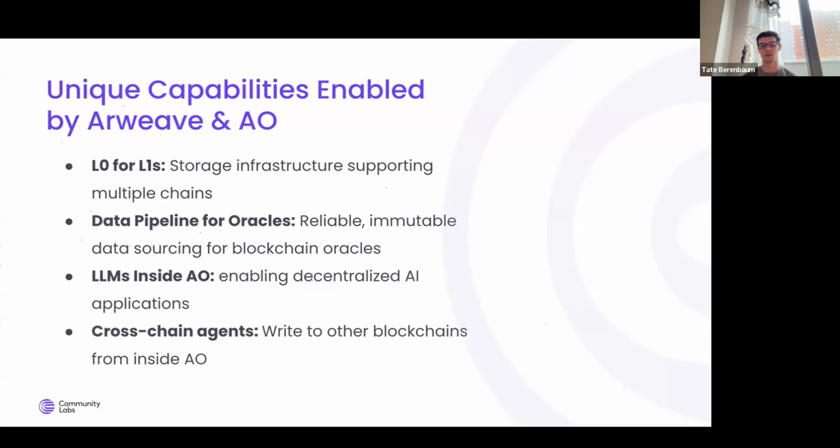And in practice, this can enable cross-chain agents that are intelligent and don't require liquidity to be on AO. You can take advantage of liquidity in other places because these processes are essentially acting as people themselves.